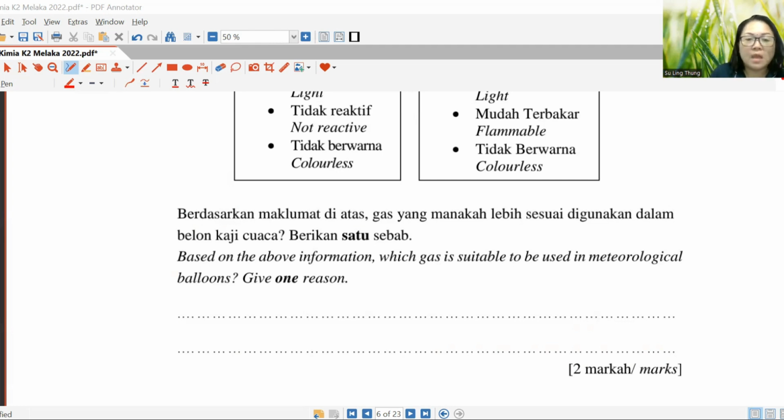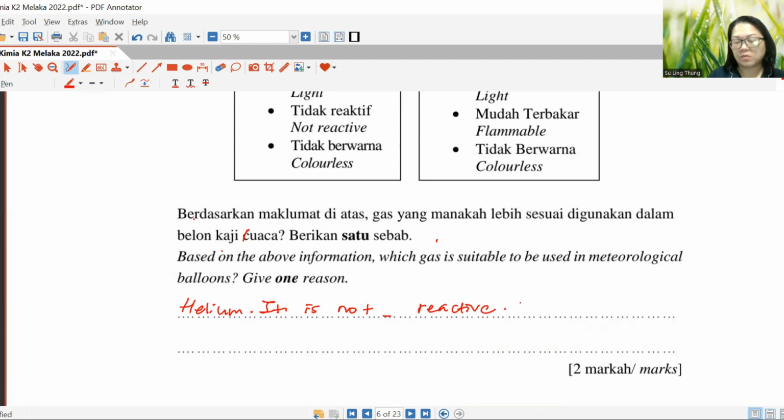I know hydrogen is lighter compared to helium, but hydrogen is a flammable gas. That is why we choose helium, because it is not reactive.